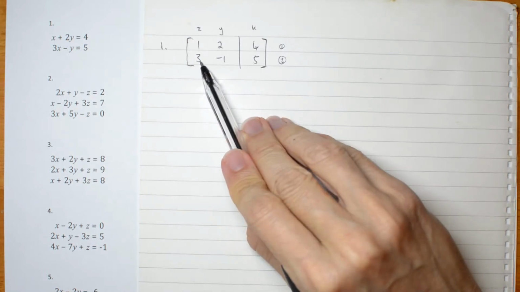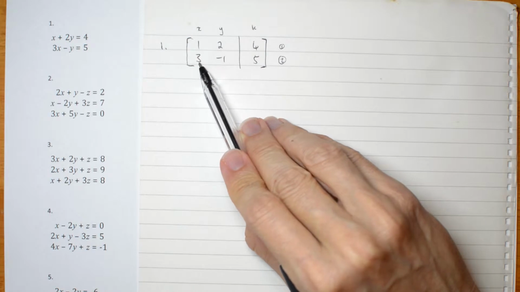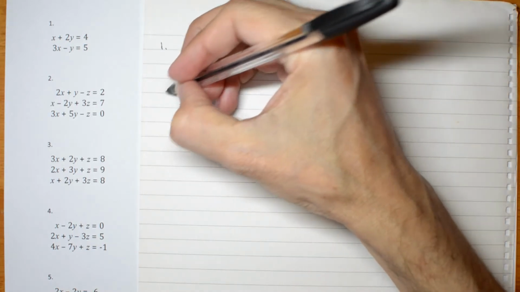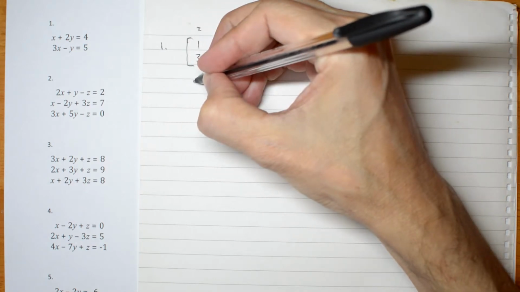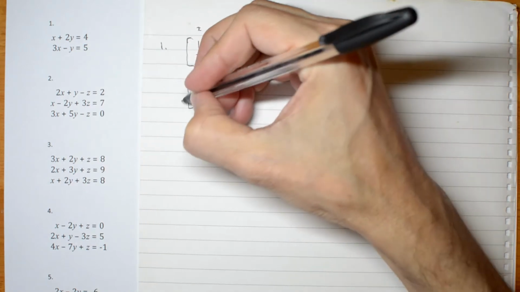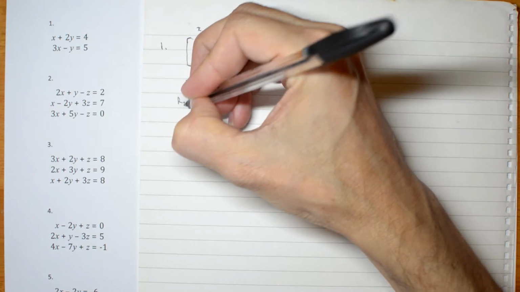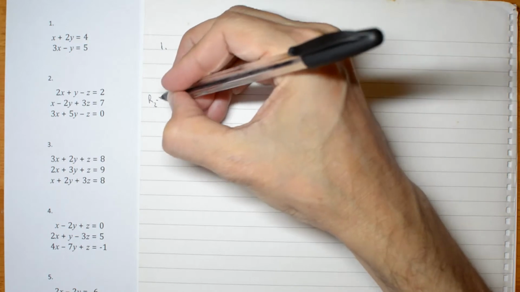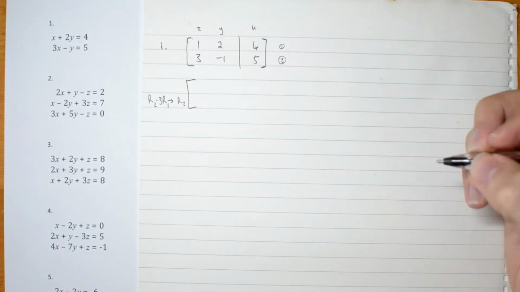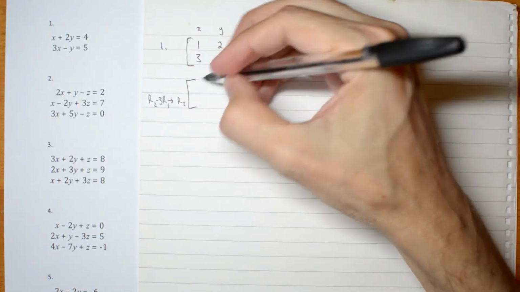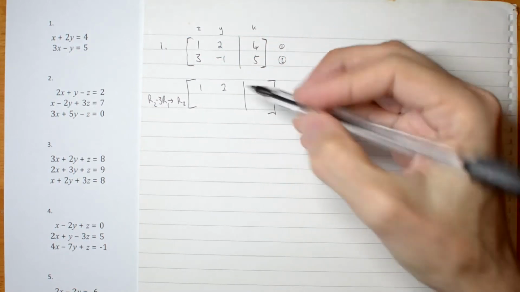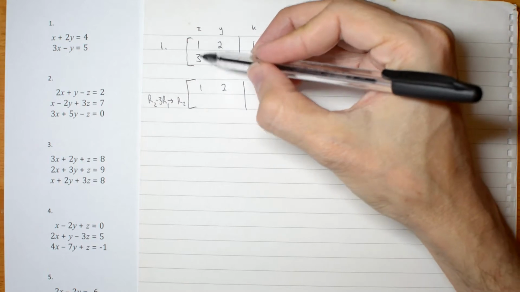Now this entry is 3. If I want to eliminate it, I have to make it into 0. I can do that by subtracting 3 lots of the first row. So in my new matrix, row 2 is going to get row 2 minus 3 lots of row 1. The first row doesn't change, and the second row is going to be subtract 3 lots of this.